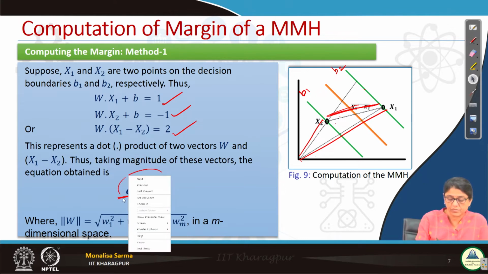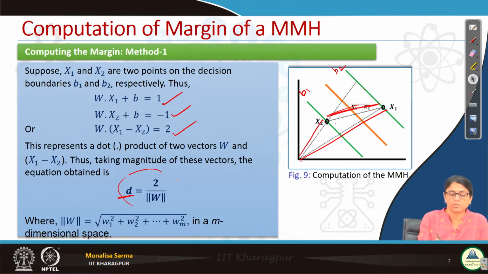I can write it in this way, because this is nothing but a dot product, W · (x1 - x2). Since this is a dot product, if I take the magnitude of these vectors, can I not write it in this way? d = 2 / ||W||. When I want to find the magnitude of W, it is nothing but the square root of W1² + W2² + ... + Wm².